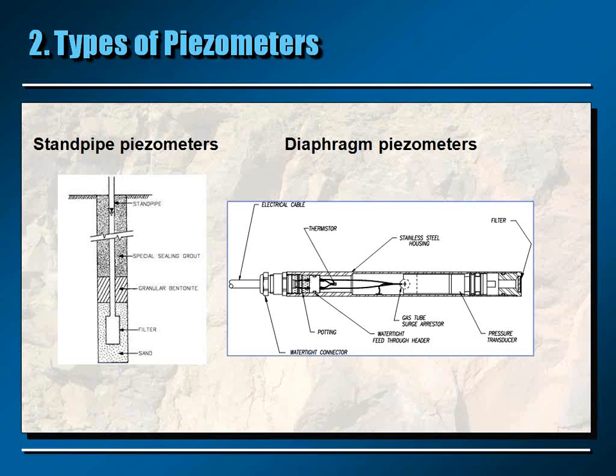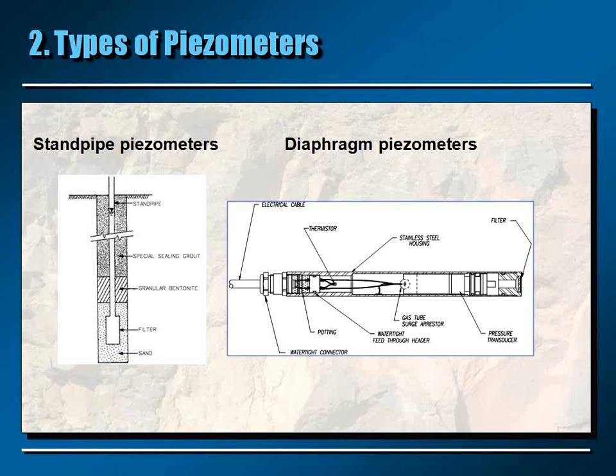Bentonite is a type of clay that has the special characteristic of swelling a lot when it is in contact with water. So it will create a perfect plug.